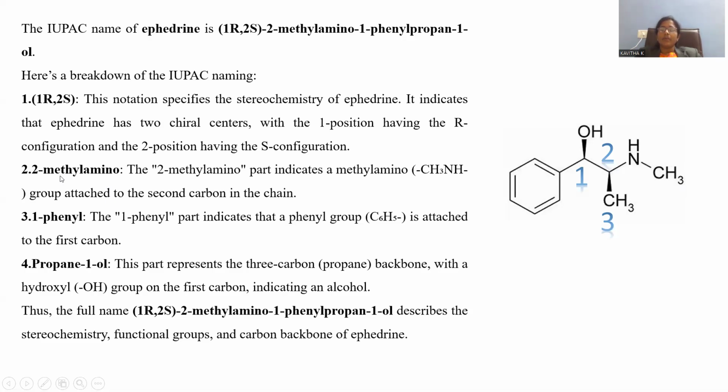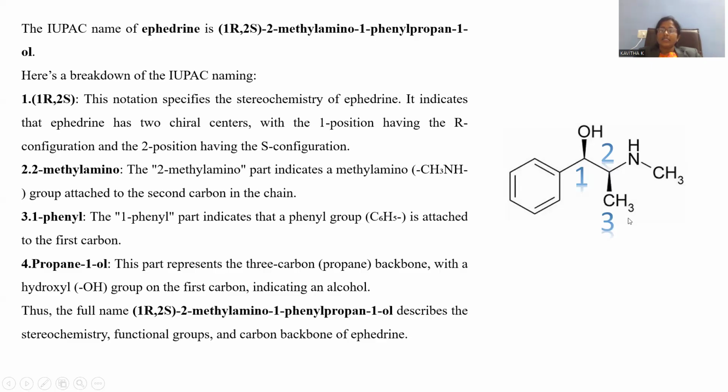So this N-methylamino is located on the second carbon atom. And if you observe the first carbon atom, there is another bulky functional group called phenyl. If a benzene ring is present, C6H5 is designated as a phenyl. So that phenyl is located on carbon 1.